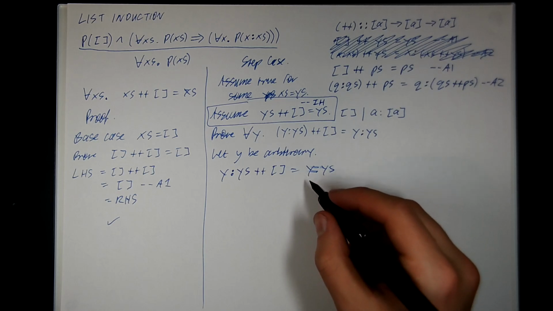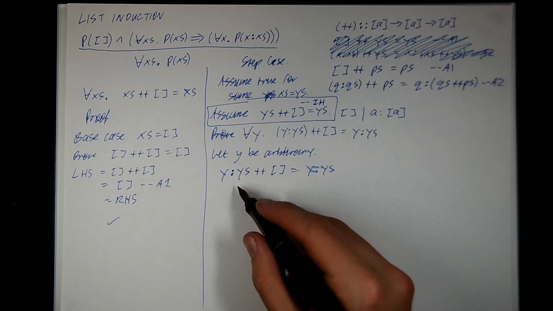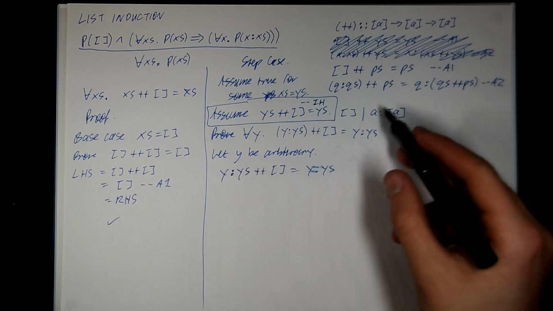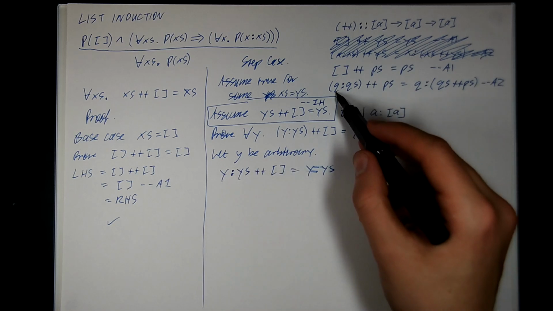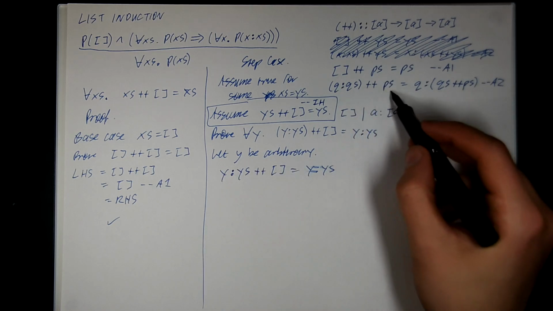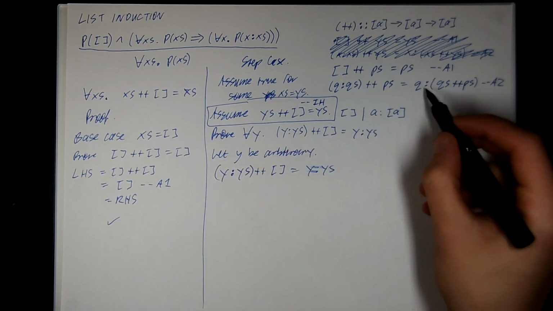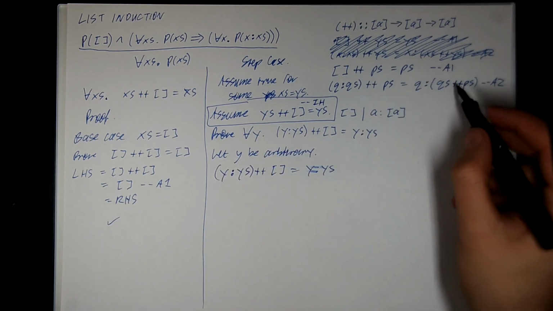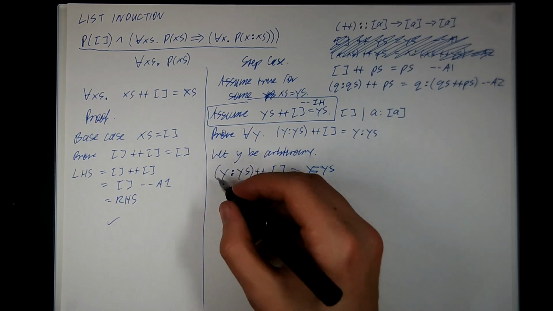Okay, so let's do the proof. How do I evaluate this? I look at the definition of concatenation. If I have Q cons QS concatenated with PS, then I can take the Q out the front and concatenate what's left over. So I can do that here. I can take the Y at the front.